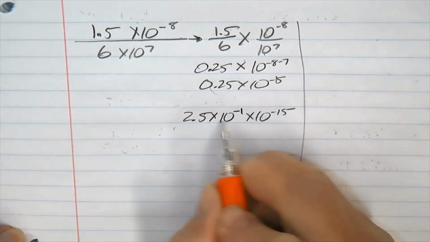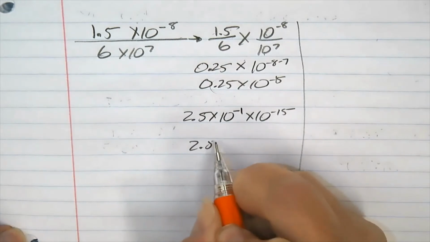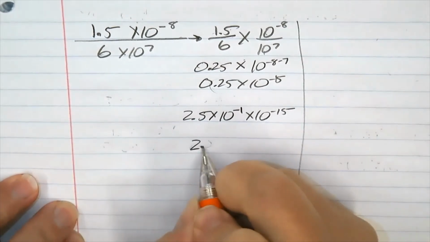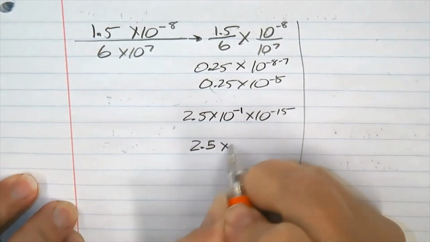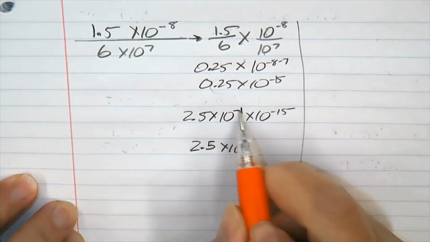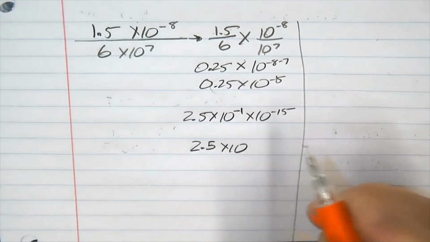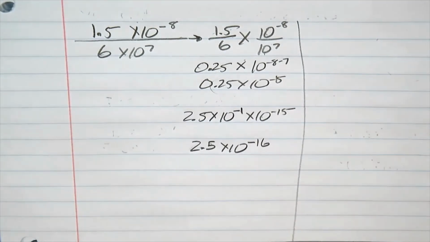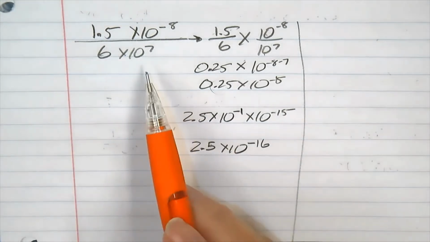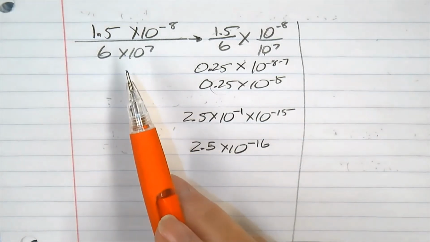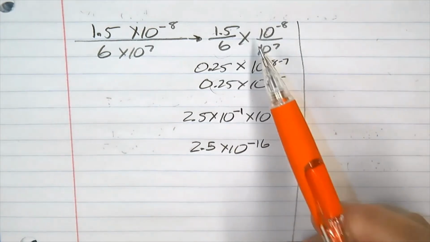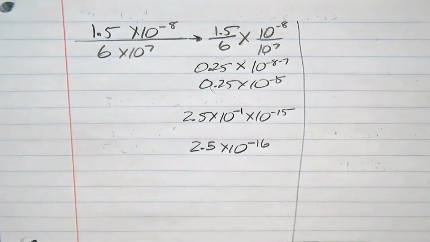Now my base is the same, so I'm going to add these guys together. Negative 1 plus negative 15 is negative 16. So when we're dividing scientific notation, sometimes it's helpful to rewrite it so that it's easier to work with.